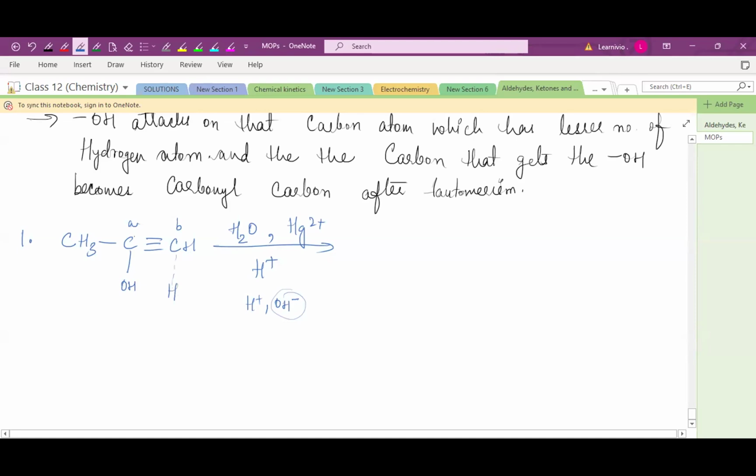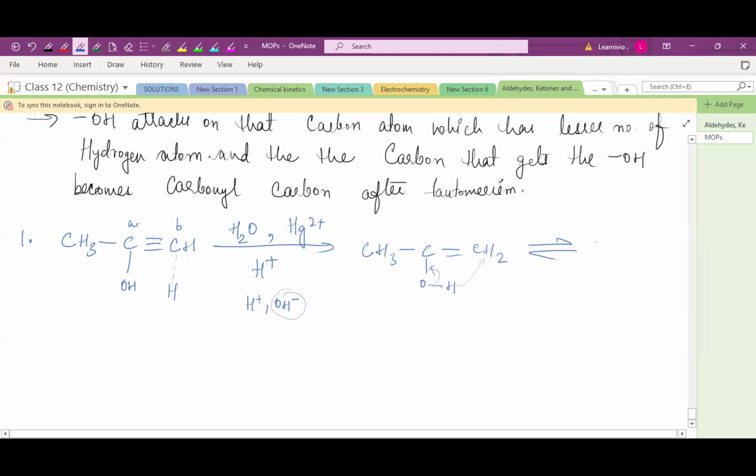You have to break one pi bond, CH3, carbon, double bond, CH2, and here the OH group. Let me show it like this so that we can show the tautomers. So this hydrogen will be abstracted, and this bond will shift over here.